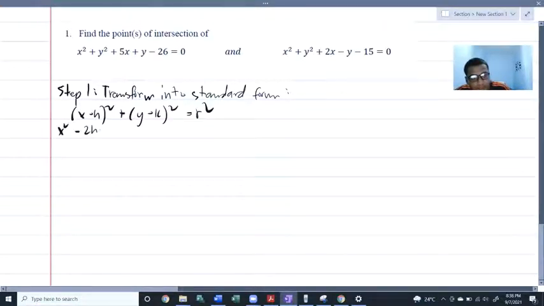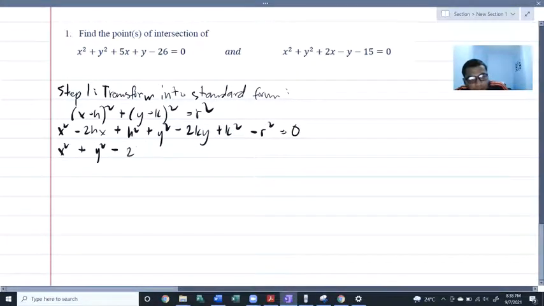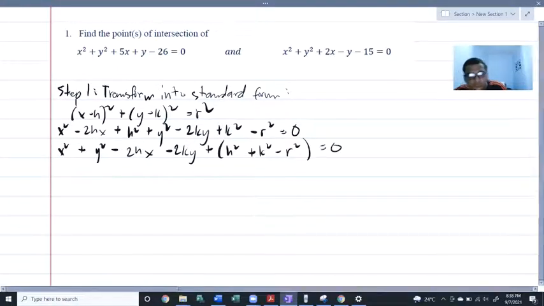X squared minus 2hx plus h squared plus y squared minus 2ky plus k squared, and let's transpose r squared to the left, minus r squared equals 0. Let's rearrange. X squared plus y squared minus 2hx minus 2ky plus h squared plus k squared minus r squared equals 0.